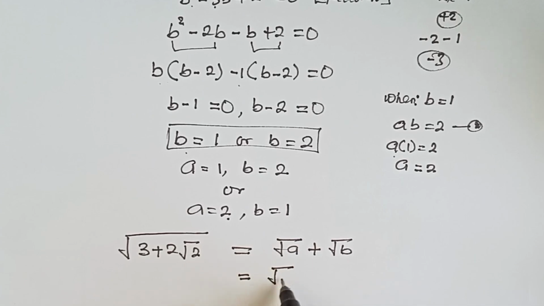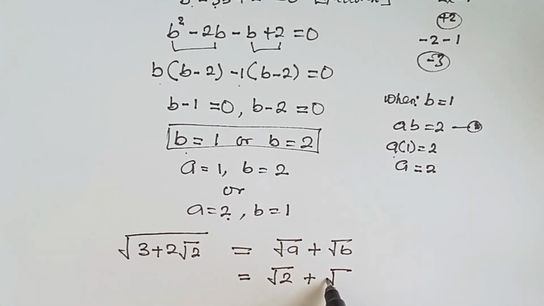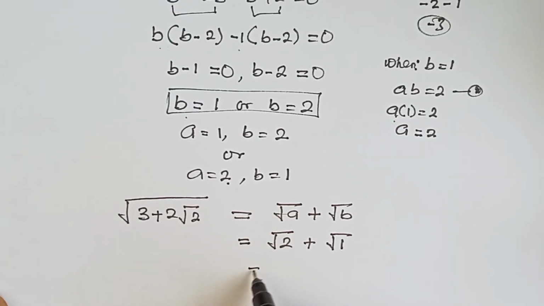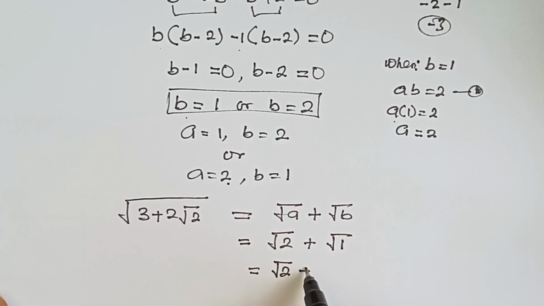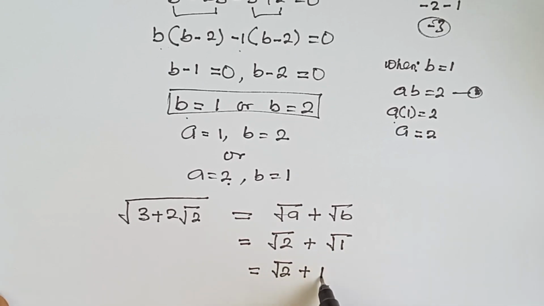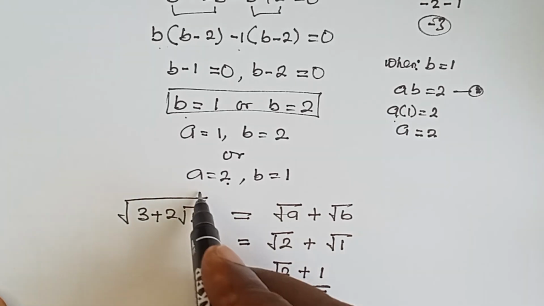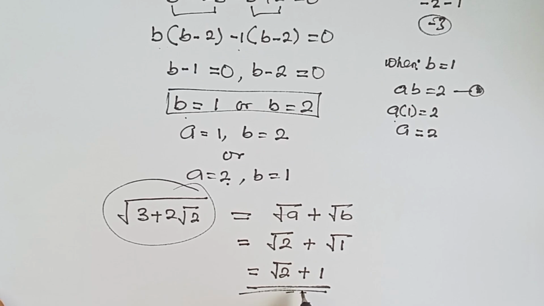Our a is 2, our b is 1. Then we can find the square roots: square root of 2 plus square root of 1, which is 1. Our final answer is root 2 plus 1. That is the final answer. It means when you simplify this, the final answer will be root 2 plus 1.